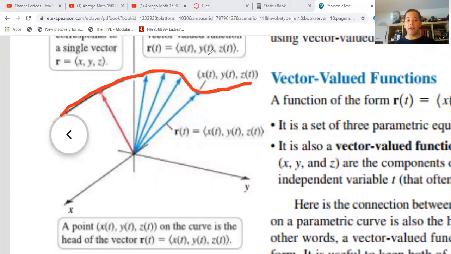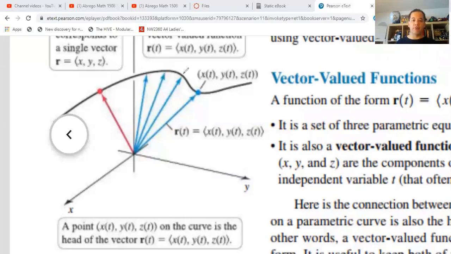The other way of thinking about it is that we don't think of that as the point. We think of those as the vectors. You see these blue vectors that are drawn already on the diagram, right? So you may think that what's really happening is that as t goes on, as time changes, these vectors change. So you start with this one over here.